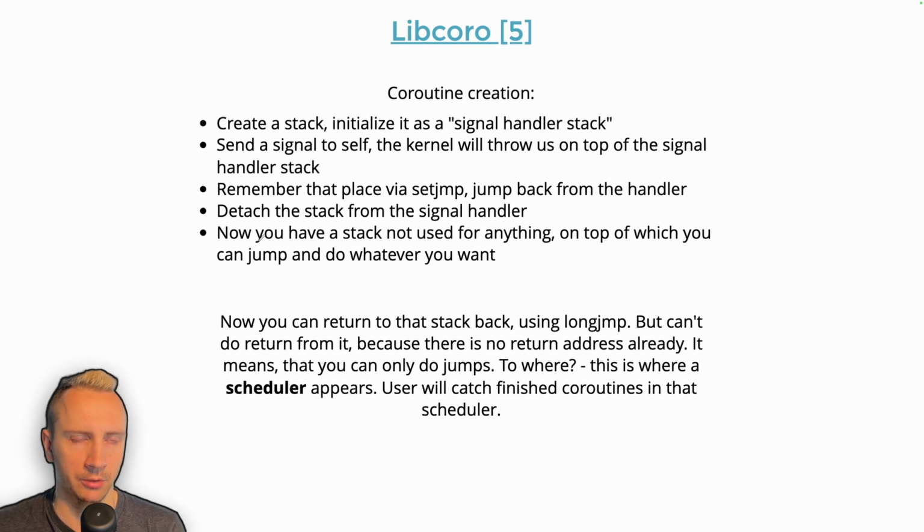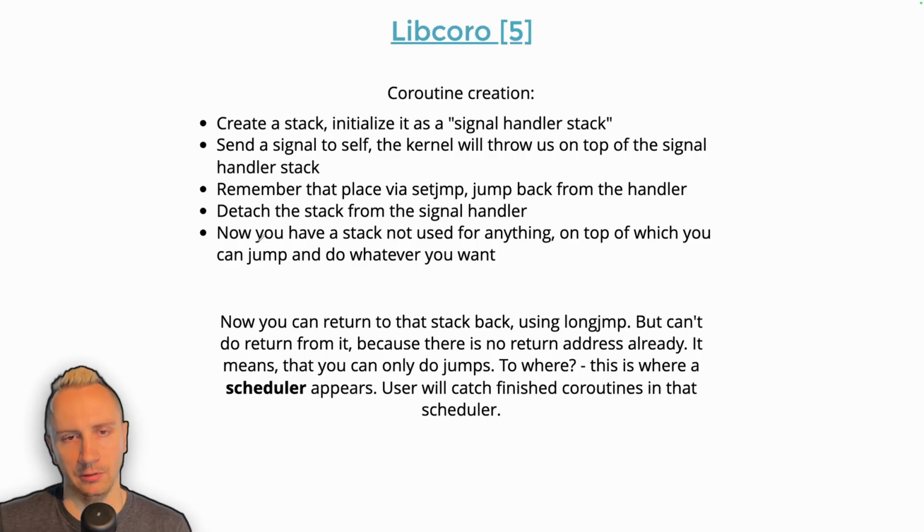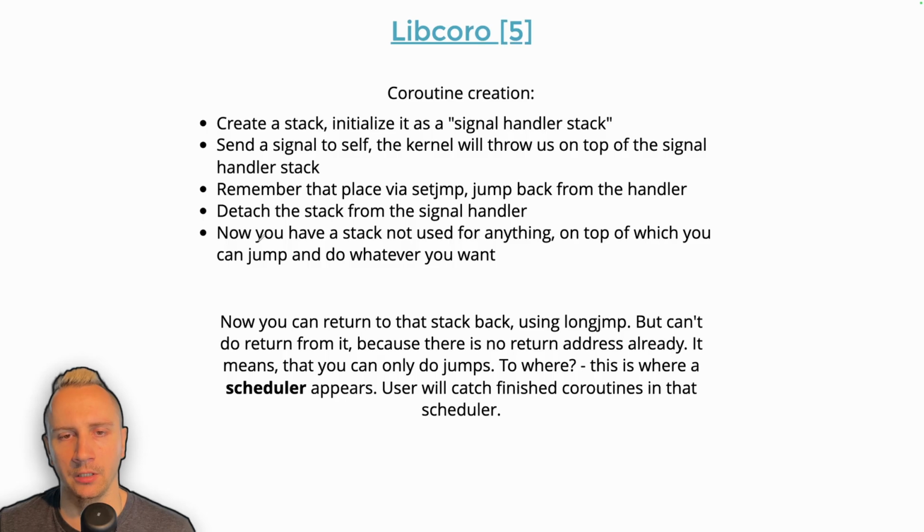So at any moment we can jump there and execute something on that stack and then jump back. So we have a second usable stack in our thread, and we can create many of them, and each of them can technically be running its own code, which means we essentially invented stackful coroutines.